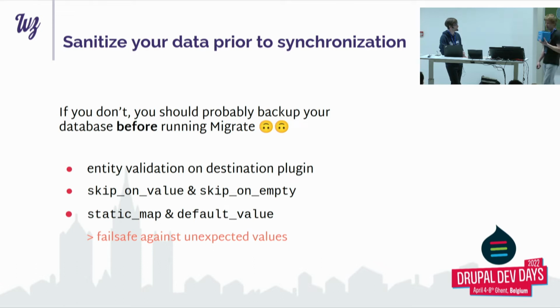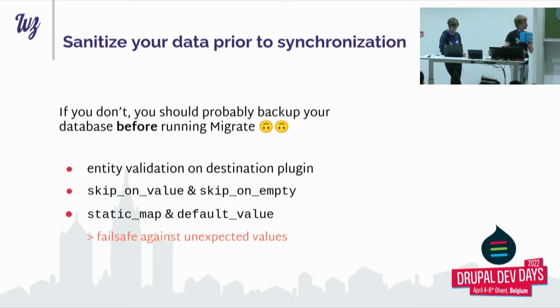You can match incoming data with a map of values, and then specify what's going to happen depending on whether the value is in the map or not. You can make it skip the row or provide a default or stuff like that, which is really useful.